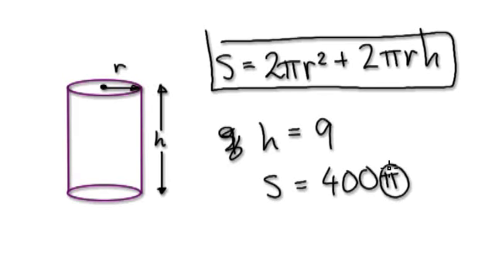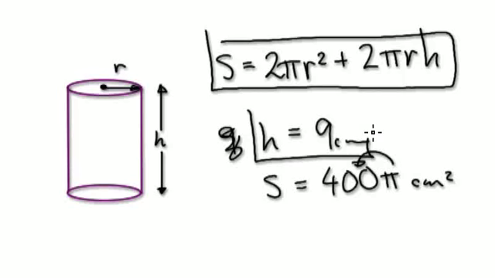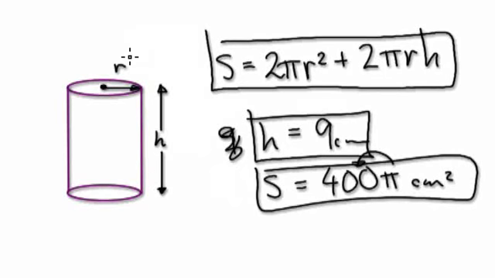Remember pi is just a number, so this will be whatever, centimeters squared. Given that I'm trying to create a cylinder of height 9 centimeters and a surface area of this, what must the radius be? So work this out. Press pause and have a go.